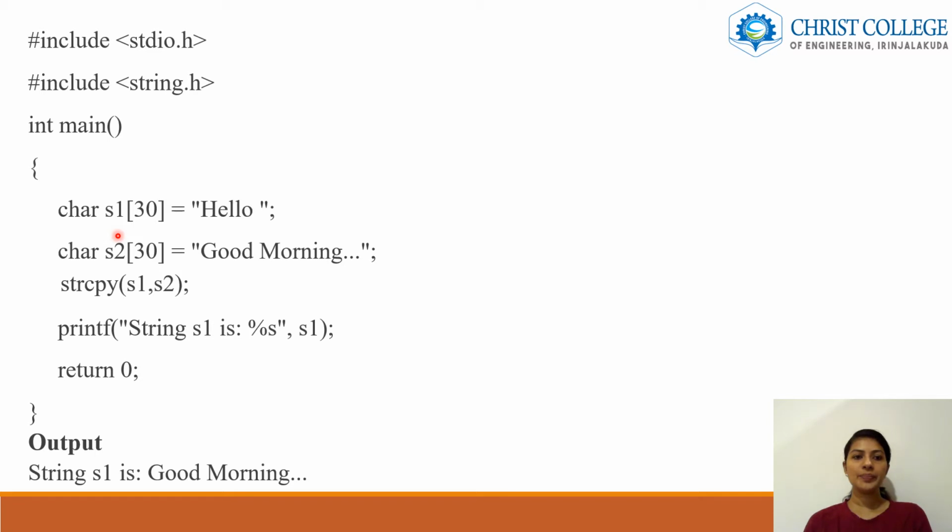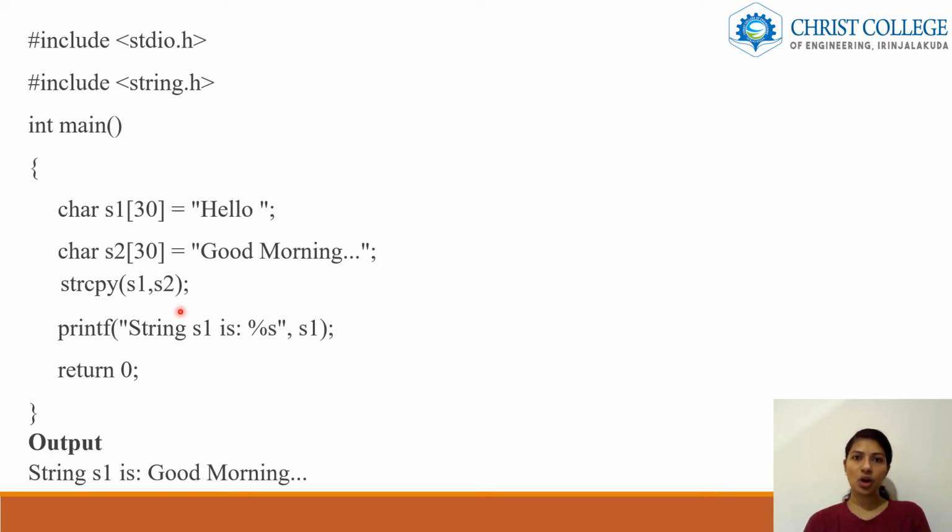In this program, we have declared two strings s1 and s2. s1 is initialized with the value hello. s2 is initialized with the value good morning. This is the function call strcpy of s1, s2. So what will be the output?